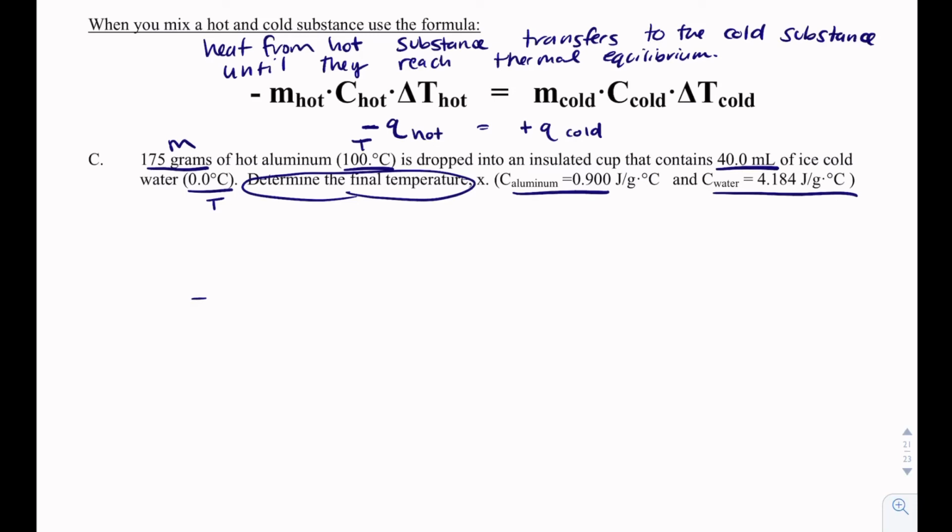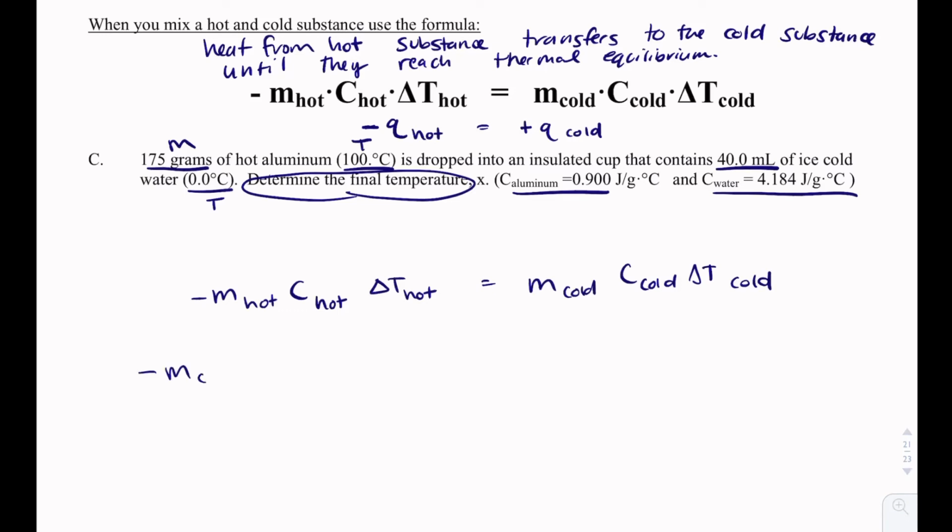Okay, our formula here is minus M hot, specific heat capacity of our hot substance, and our delta T of our hot substance equals M cold, C cold, delta T cold. And I'm going to rewrite this.